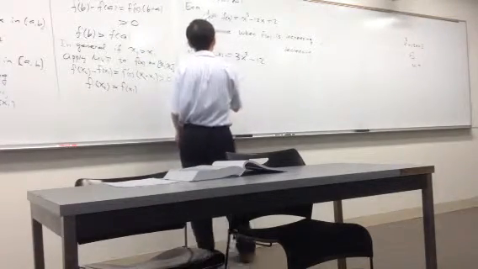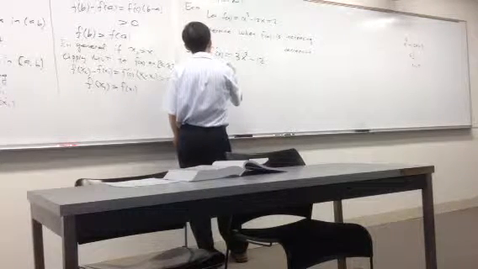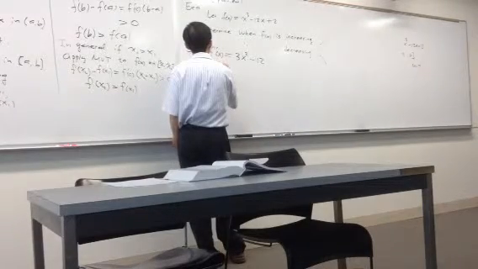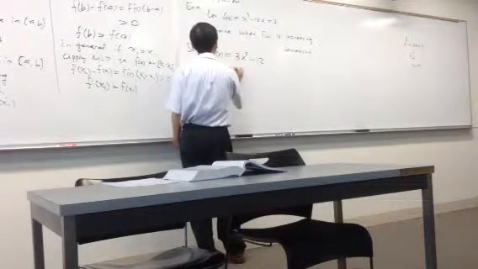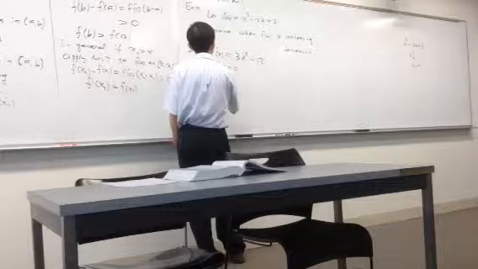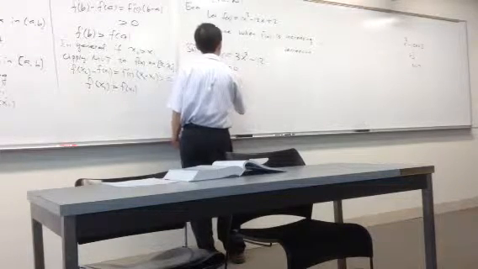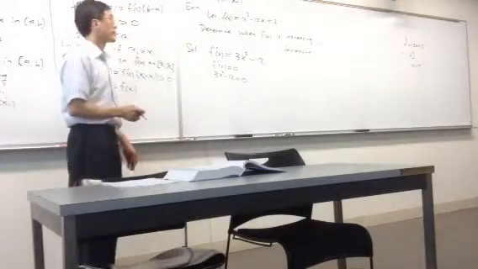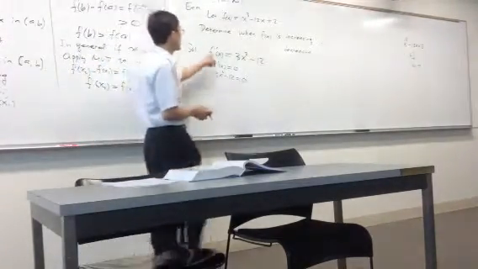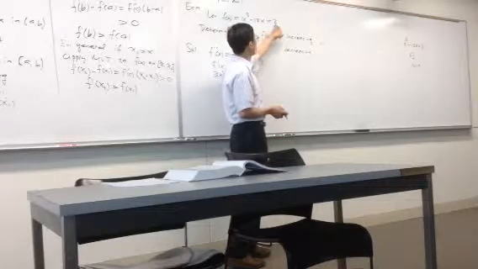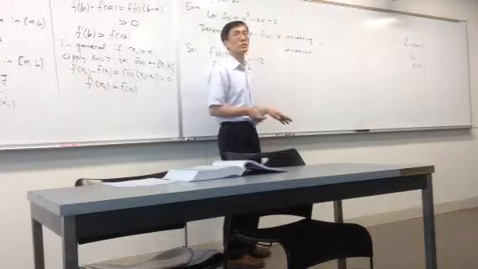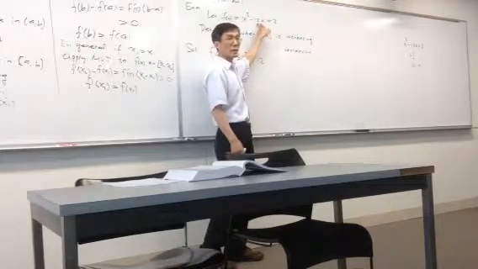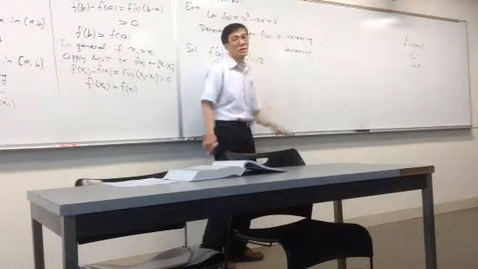In this case, f prime exists everywhere, so you just solve for f prime equals 0, which means 3x squared minus 12 equals 0. When you take the derivative of 2, it is 0, so it disappears. So it's just a minus 12.